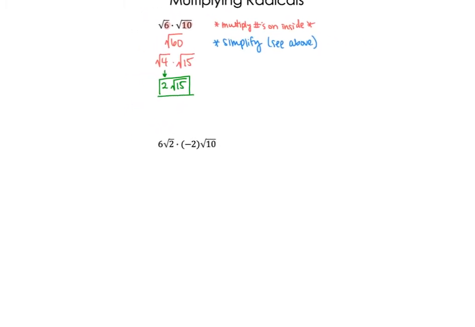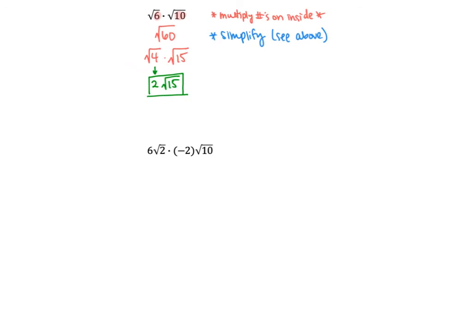Looking at the second example, if you notice on this one, I have 2 numbers on the inside, the 2 and the 10, but then I also have numbers on the outside, the 6 and the negative 2. So what we're going to do is multiply the inside and the outside.